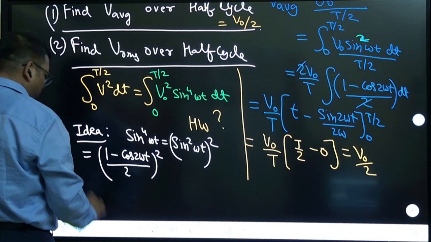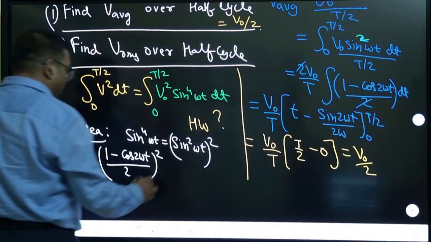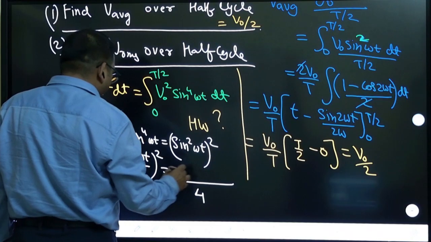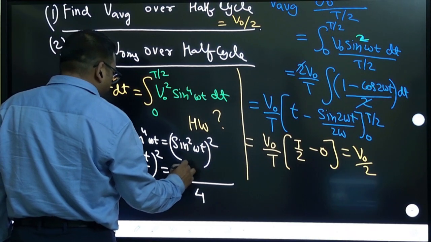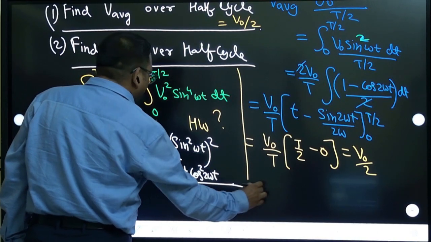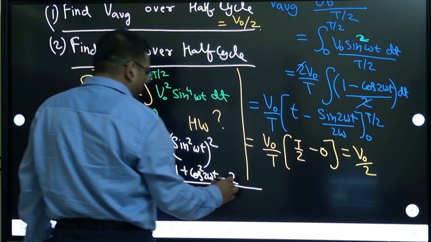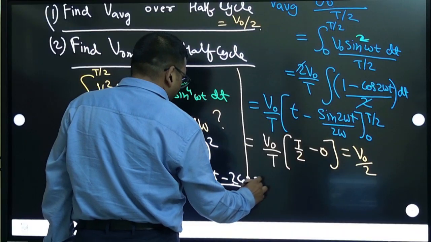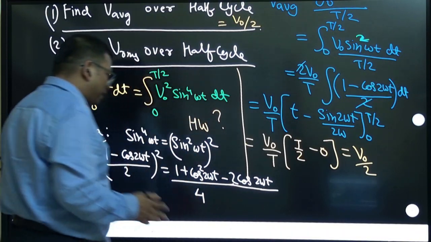So this will become 4 in the denominator. Then a minus b whole square: a square plus b square minus 2ab, so minus 2 cos 2 omega t.